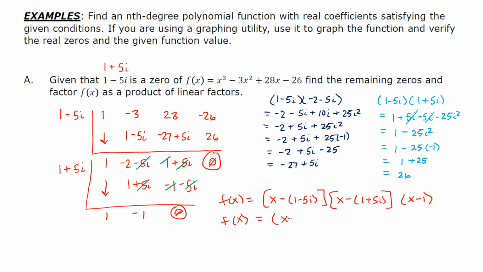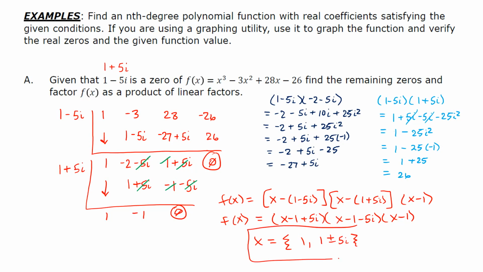I'll put x minus 1 plus 5i, x minus 1 minus 5i, and x minus 1. So my actual zeros are 1, and 1 plus or minus 5i. So that was kind of fun.